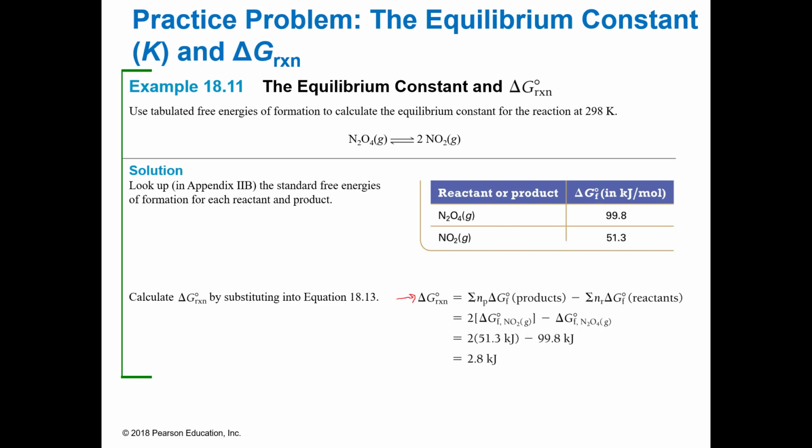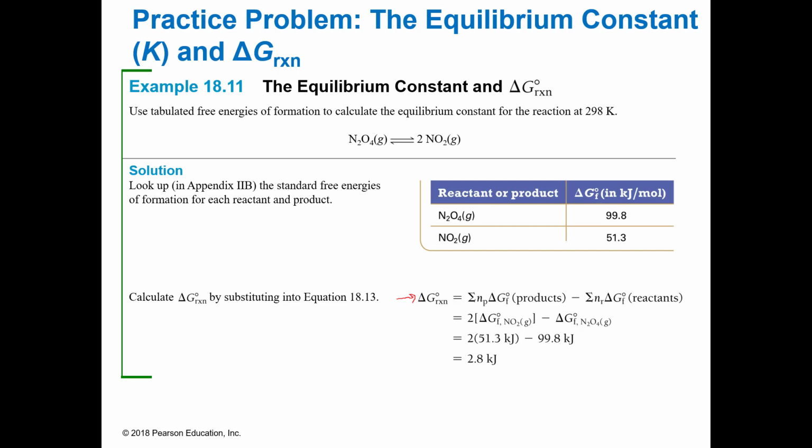You have only one product, nitrogen dioxide, so 2 times its standard Gibbs free energy of formation, minus the standard Gibbs free energy of formation for the dinitrogen tetroxide. I don't like how they did the bracket here. I would have put the bracket outside the 2, but I think that's a typo.